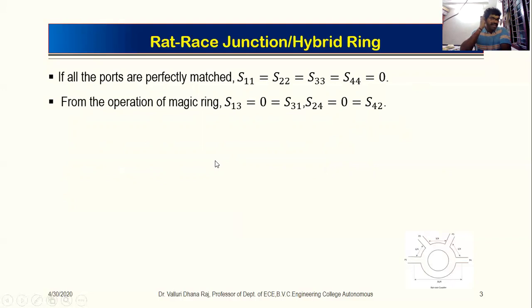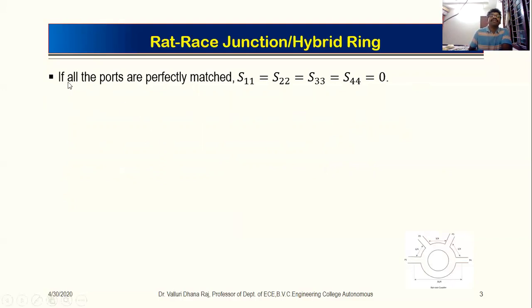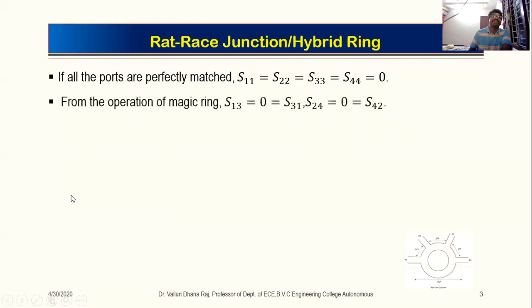Coming to the scattering matrix. As I said, if I consider all the 4 ports perfectly matched, meaning there is no reflected signal, S11 is equal to S22 is equal to S33 is equal to S44 is equal to 0. All the 4 reflection coefficients, which are the diagonal elements of the scattering matrix S, which is a 4 by 4 matrix, are going to become 0 if we assume all the 4 ports are perfectly matched.